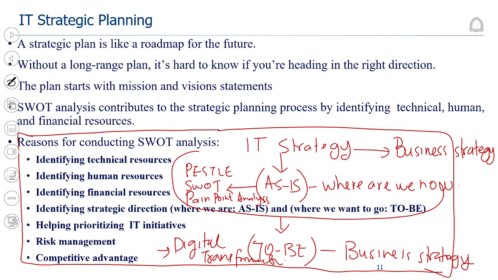No. The business has to decide they want to go digital or they want to have an online presence. Then IT will help them to get digital by implementing digital technologies, because that is our specialization. But in terms of whether we want to go digital or whatever, that has to be the need of the business. The business must have had the need to do that, okay?